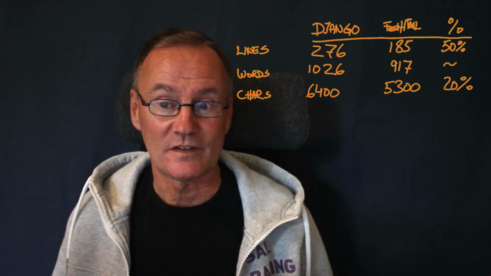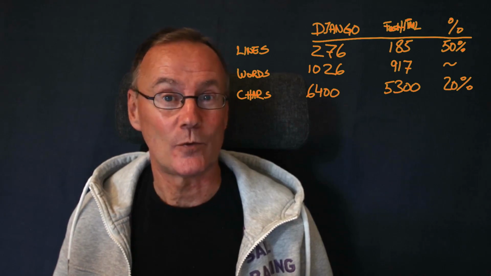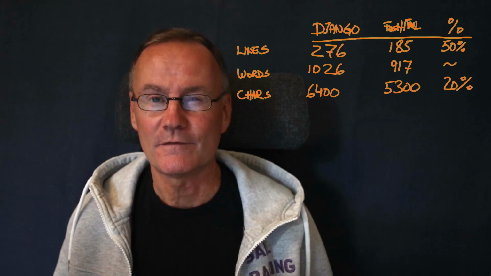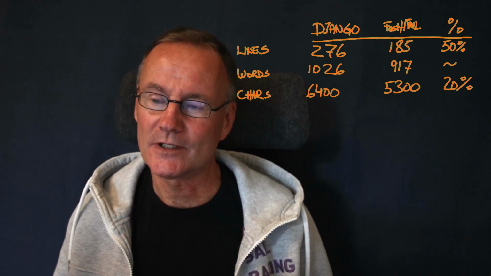I should say that this is a word processor counting words here. It's not really optimized for Python. But what about characters? The Django app uses 6,400, while Fast is using 5,300.